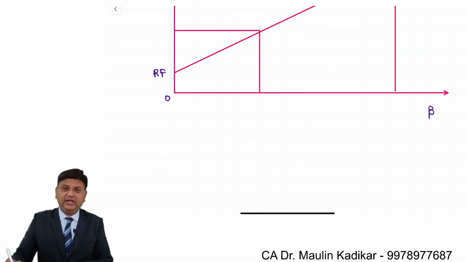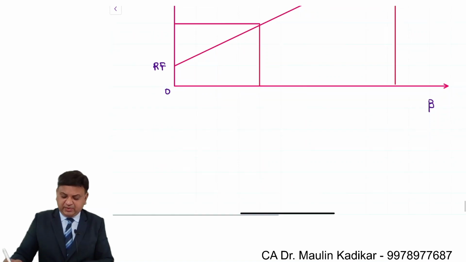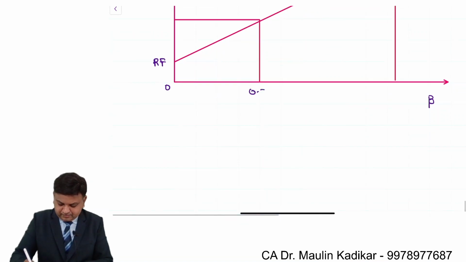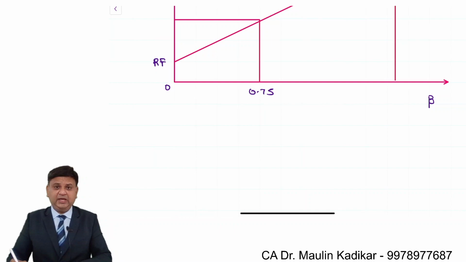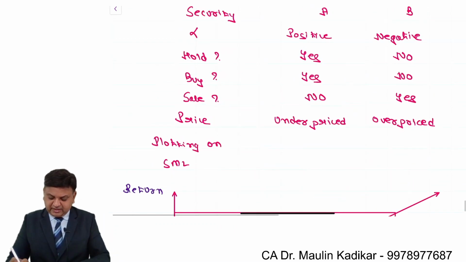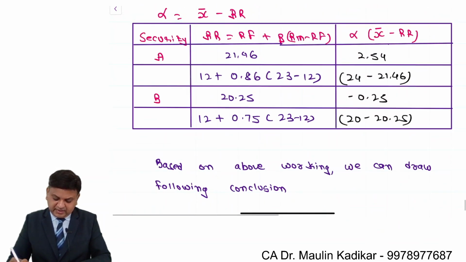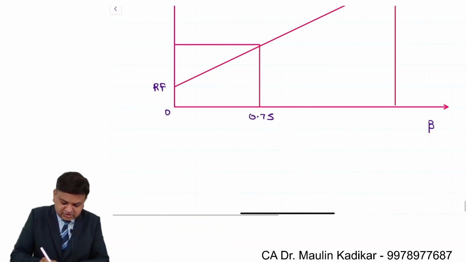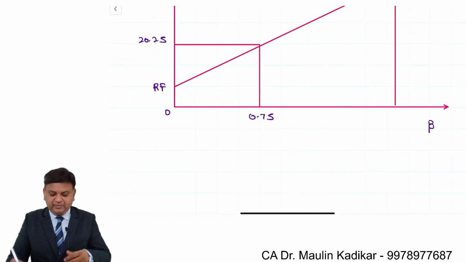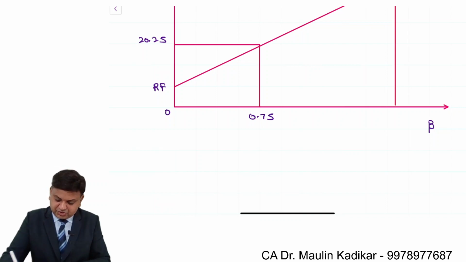Security B has a beta of 0.75. Taking into account security B, beta 0.75, the required rate of return is 20.25%. And you have been provided with the information that it has a return of 20%.